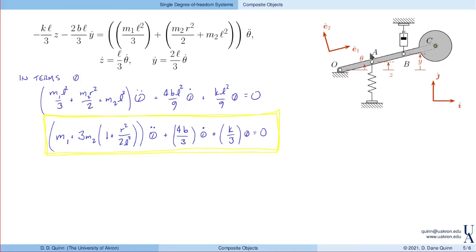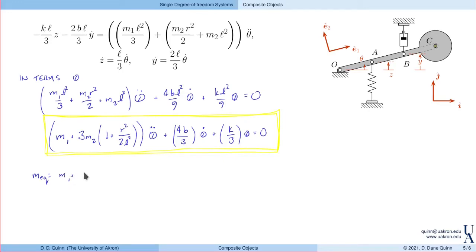It's valid for small angles, and in this problem, that really implies that sine of theta is approximately theta, and cosine of theta is approximately 1. Then, the equivalent mass we identify as this term in front of the theta double dot.